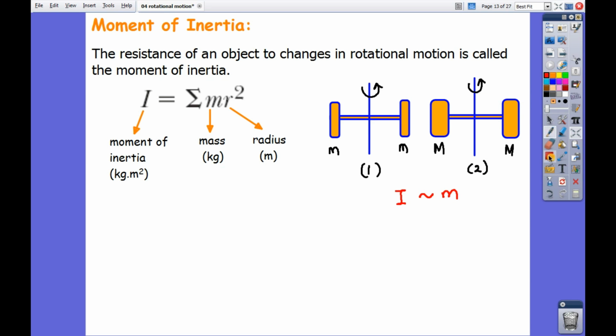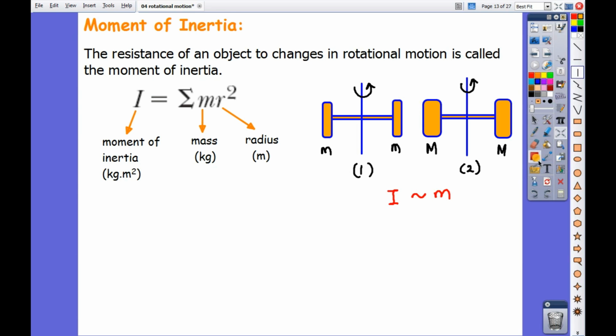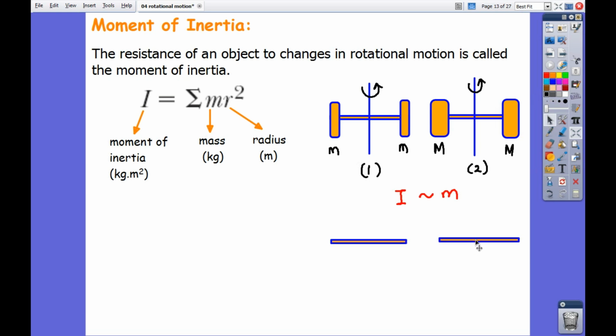Right. Now, here I have a second thought experiment. First rod, second rod. Both of them have the same length and the same mass.